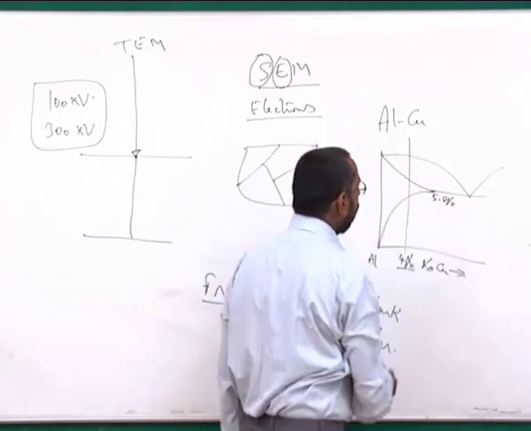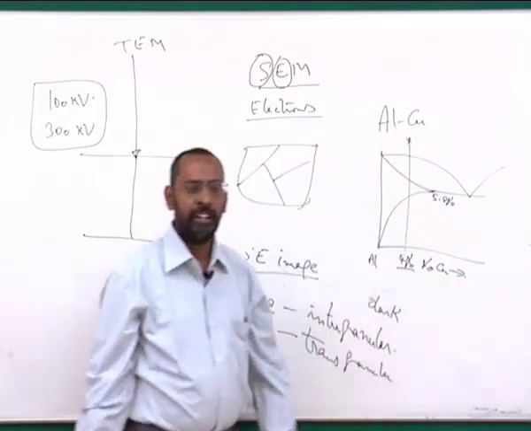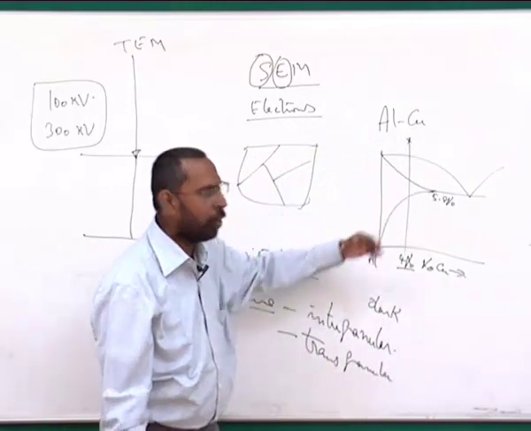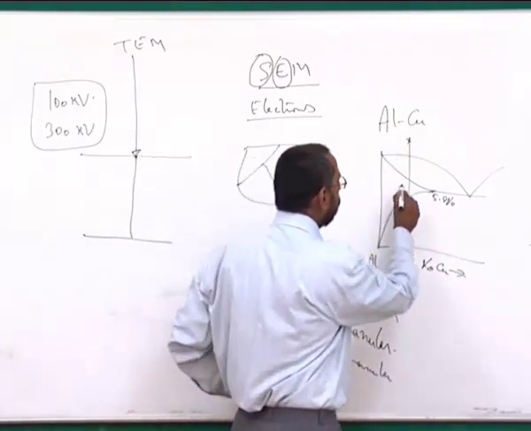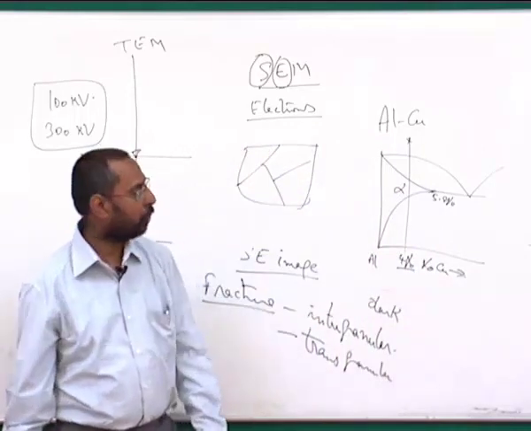So if I choose this alloy, cast this alloy from its liquid state, what you see is that during the solidification, the liquid actually becomes a single phase alpha. This is like an isomorphous type of solidification.